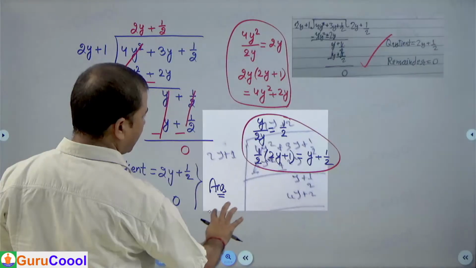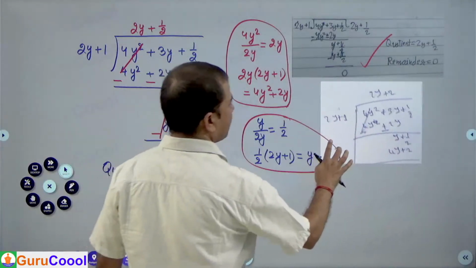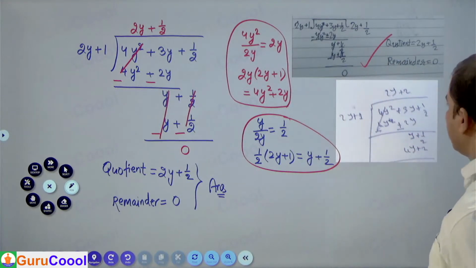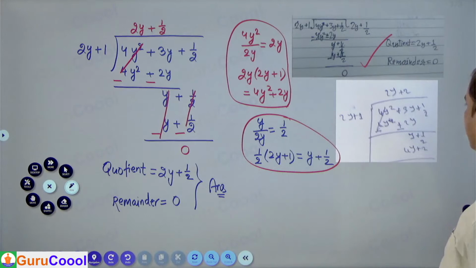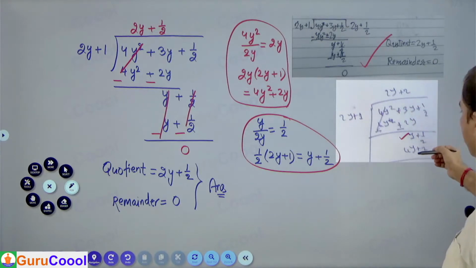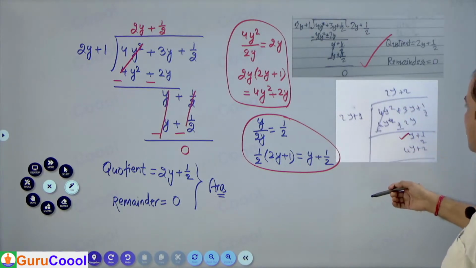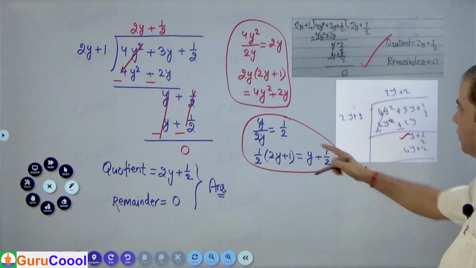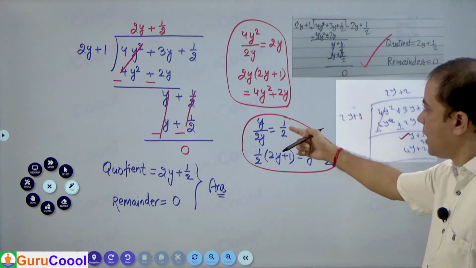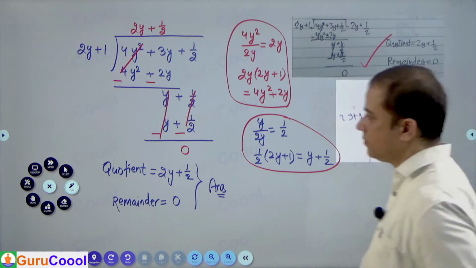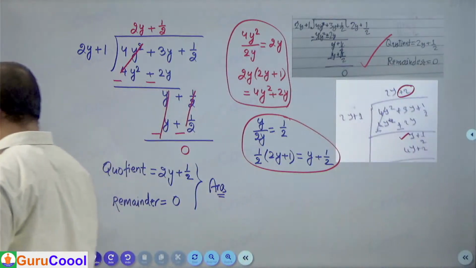If it is not, that means you didn't follow the steps. Till this step it's correct, but after that you have done wrong. You divided y by 2y wrongly. Y divided by 2y is half, but you have written 2. You missed it.